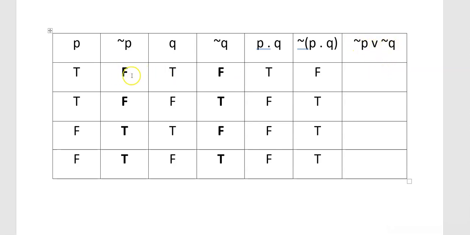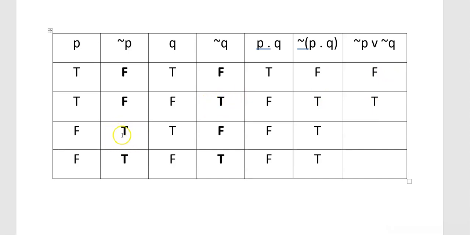When negation P and negation Q are false, the disjunction between them will be definitely false, right? Now look at the second row where negation P is false and negation Q is true. So what would be the disjunction? Certainly it is going to be true, because a disjunction is true in a condition where just one disjunct is true. So here you find negation Q as true.